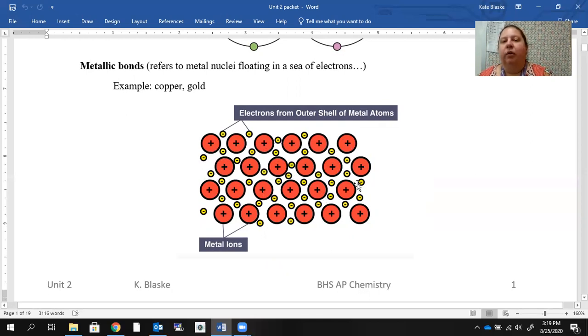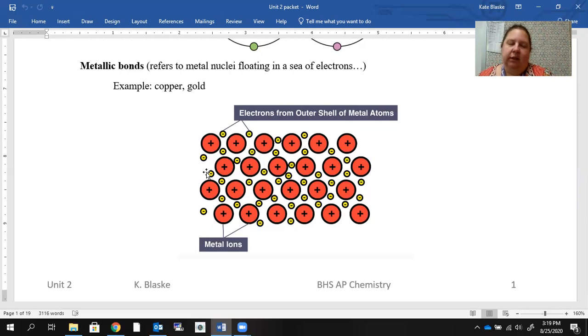They're able to move around and float between those positively charged cations, creating a very easy way for electricity to flow. So that helps give metals a lot of the properties that they have about being able to conduct electricity and being able to be formed into different shapes and not cracking and all that sort of stuff.